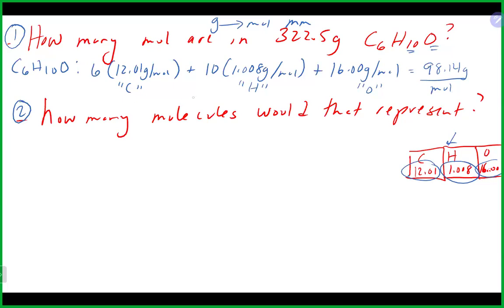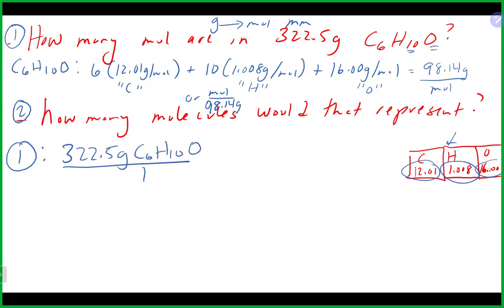Remember, again, that is really just a conversion factor, so we can use it like that. We could also, if we needed to, flip it around the other way, a mole per 98.14 grams. I'm just going to do the calculation down here for number one. So we're going to start with 322.5 grams of C6H10O. Once again, if I put it over 1, I can see grams are up on top, so we do need to use the flip version of it where the grams are on the bottom so that they cancel.